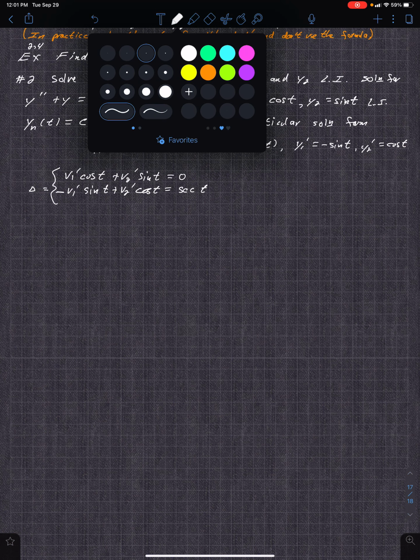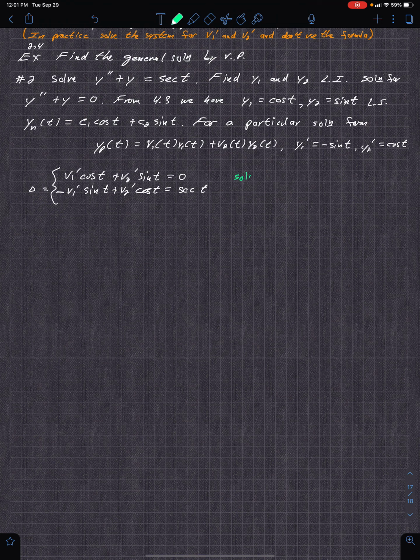So I'll write it out like that. Solve the system using, quote, smart choices. We know that secant t is 1 over cosine t, so we could multiply through by cosine.